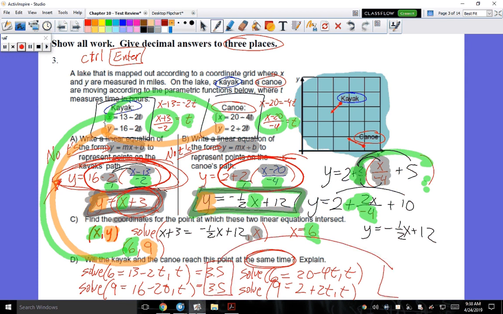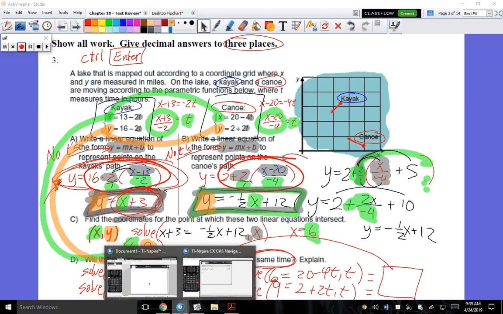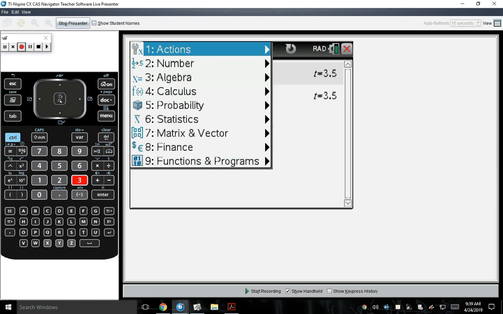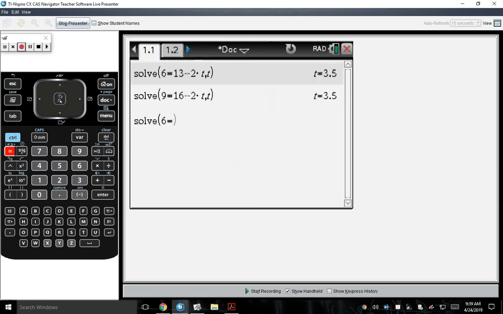Now we want to see, does this in fact happen at the same time over here? We go to the calculator and put in menu 3.1, 6 is equal to 20 minus 4t, comma t. I needed to do control divide, and I get 3.5.